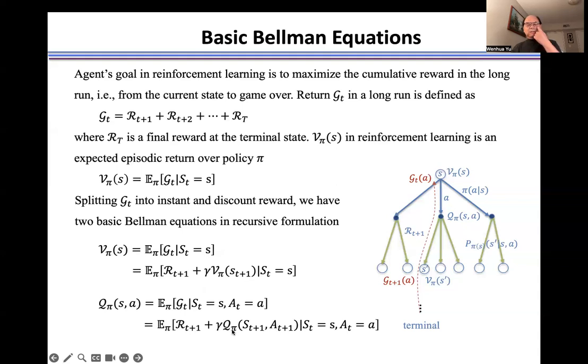We calculate this Q value function, updating the Q function at the state for the selected action A. We call these two equations the basic Bellman equations.